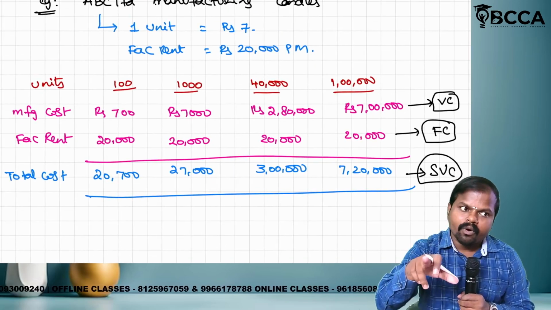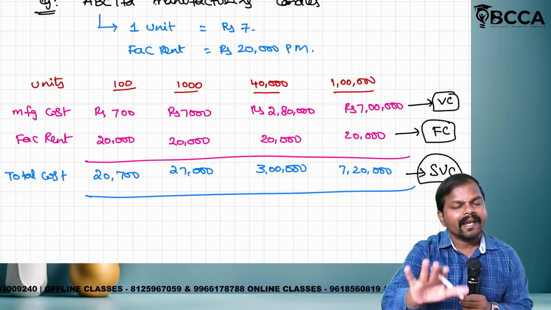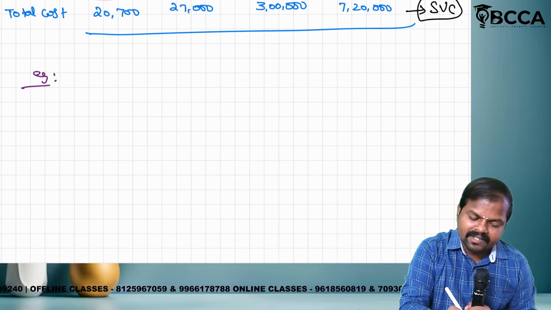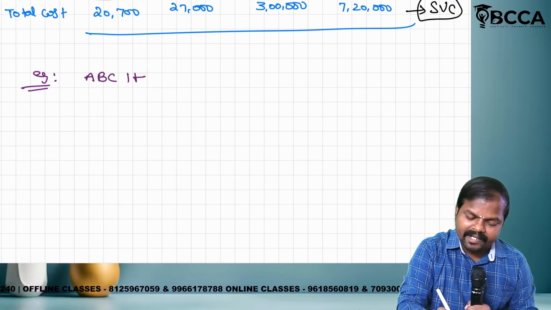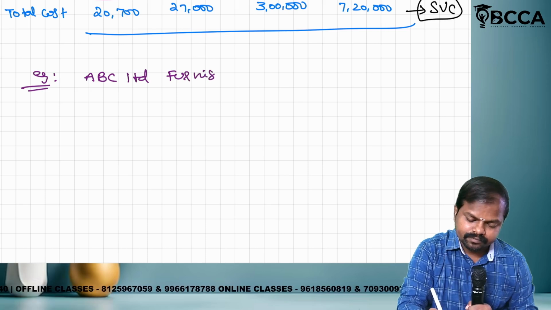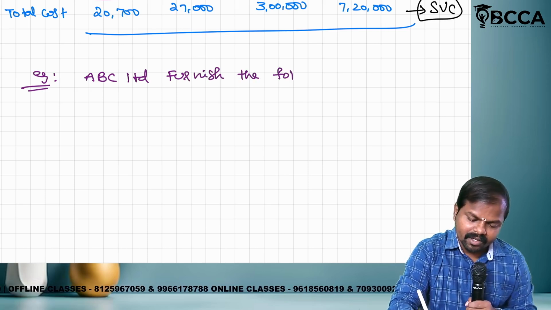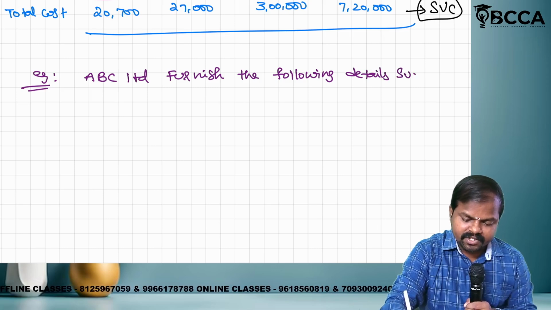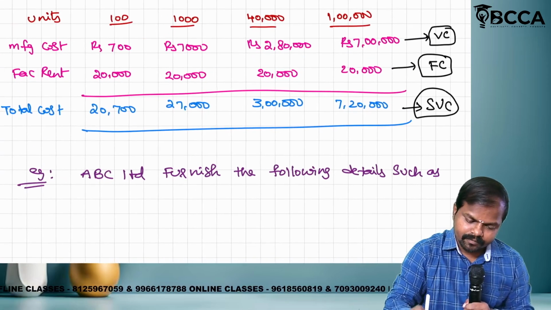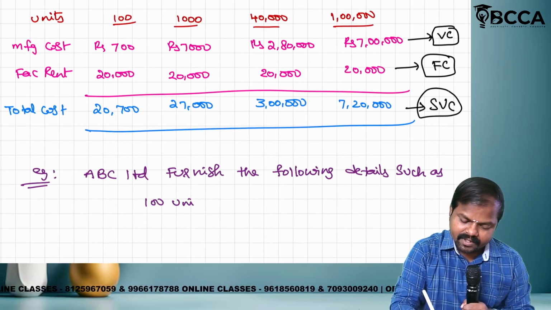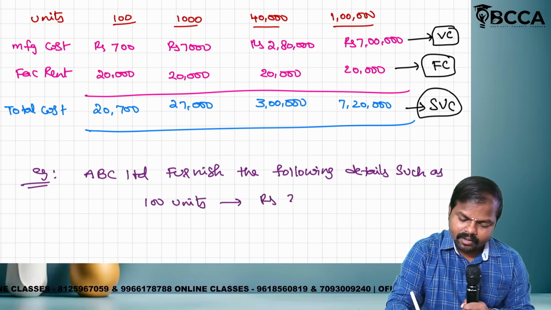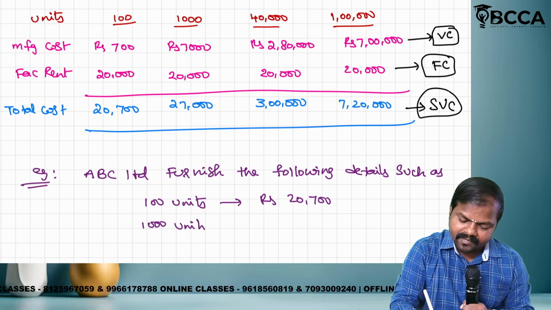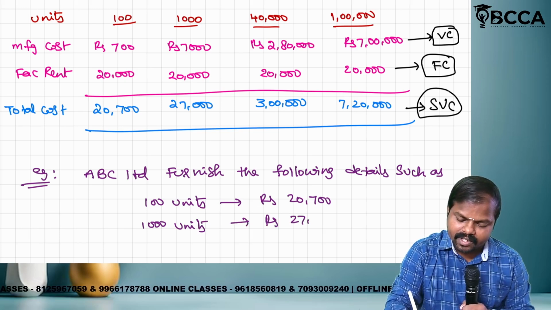They will ask one more question in another manner. How will they ask? We will discuss, considering the same example. ABC Limited furnishes the following details: for 100 units they incur 20,700, for 1,000 units they incur rupees 27,000.